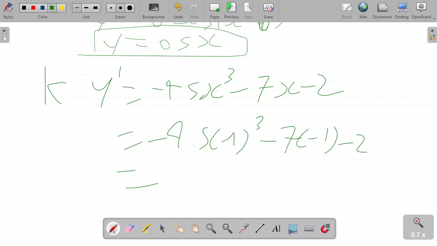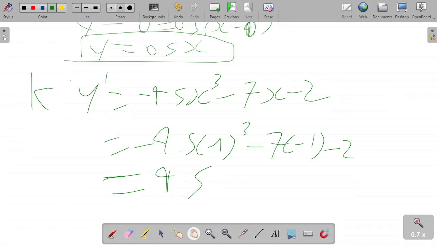Okay, wait, my bad, this is supposed to be squared, not cubed. So you get negative 4.5 plus 7 minus 2, which is equal to 0.5.